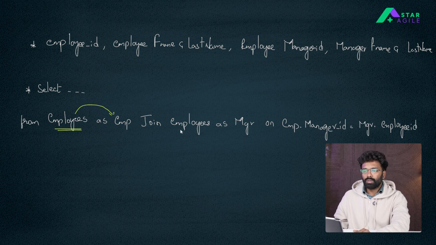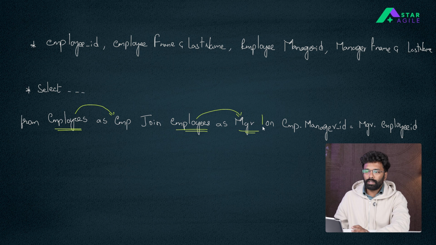Now again employees, I am identifying with another name, which is called MGR. So in total we have two different virtual tables within this command, EMP and MGR, and both consist of the same data: the employees table itself.